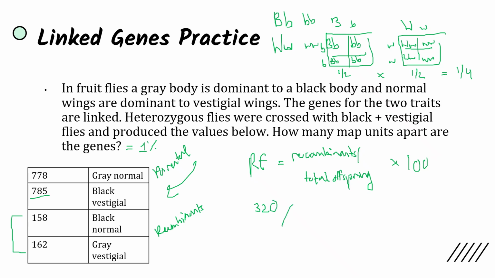And our total number of fly offspring is going to be 1,883, and that's going to come out to about 0.17, which is 17%. So the chance that we're going to get an offspring that is not a parental type is going to be 17%, and the genes are 17 map units apart.